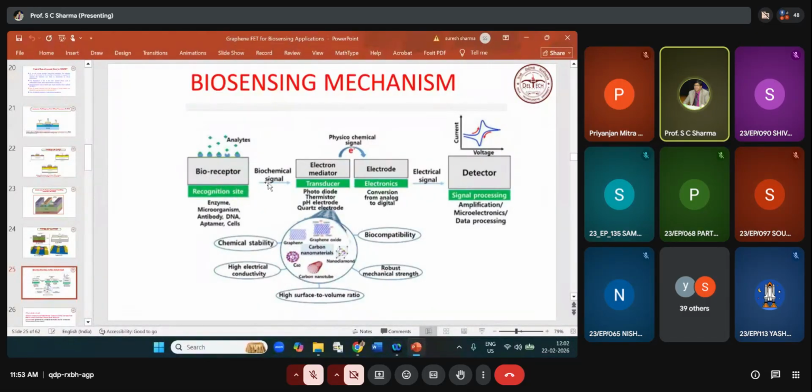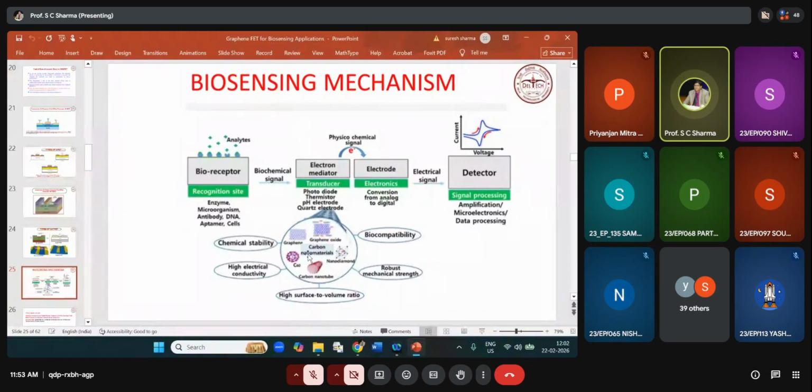Then it converts into a biochemical signal and uses a transducer, which can convert the biochemical signal into an electrical signal. Okay, and this is electronic. Then you can convert analog to digital because your detector can accept only digital signal. So then this electrical signal can be detected, and you can plot current as a function of voltage.